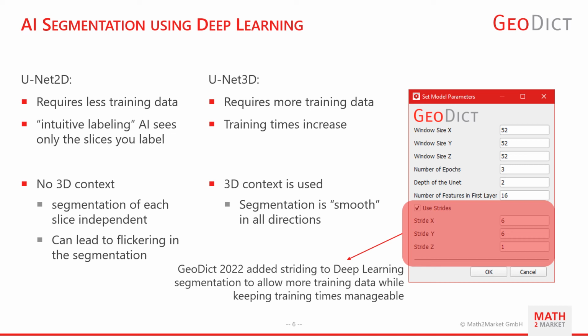In the Z direction, because usually you're only labeling a few slices, we are not moving further, but we are actually looking at every slice. With this option, you decrease the training time quite a lot, and you still get high quality results. So it's very, very important to create enough training data, and with these options, you can still handle the training times.